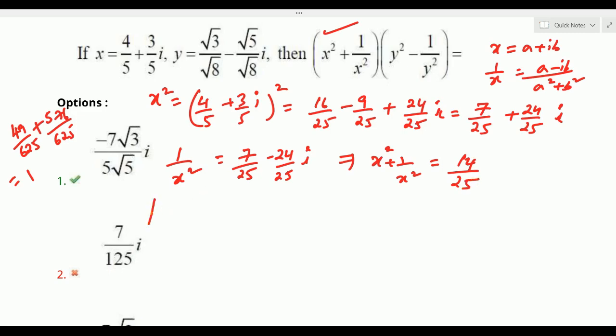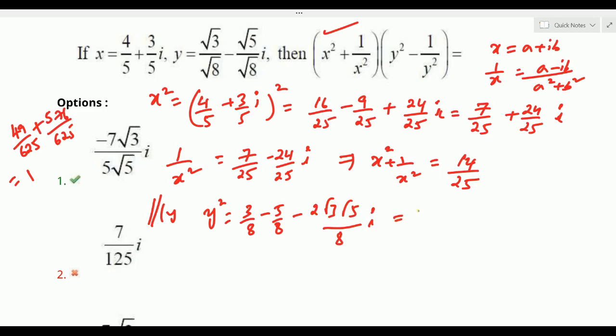Similarly y square చూద్దాం. What is y given? Root 3 by root 8 minus root 5 by root 8 i ఇచ్చాడు. y square డైరెక్ట్ గా చేస్తున్నాను. root 3 by root 8 whole square అంటే 3 by 8, root 5 by root 8 whole square అయితే i square అంటే minus 5 by 8 అంతేనా? రైట్. minus 2 root 3 into root 5, 2ab by root 8 into root 8 అంటే 8 into i.